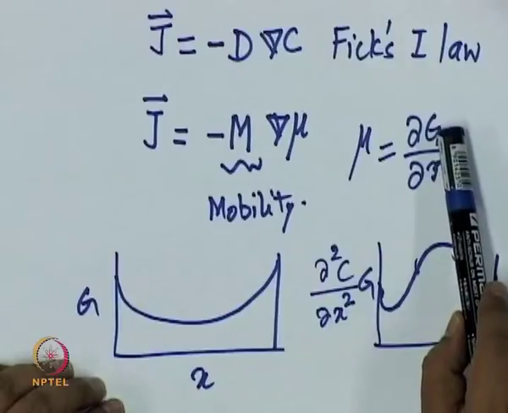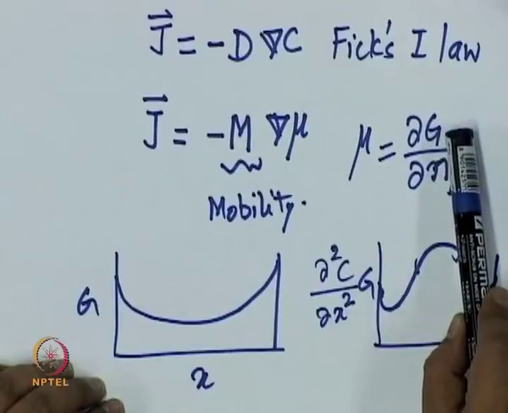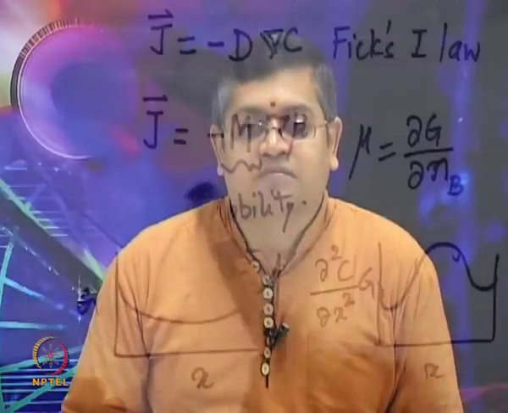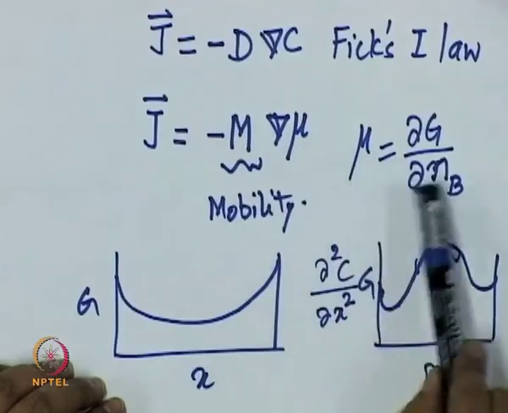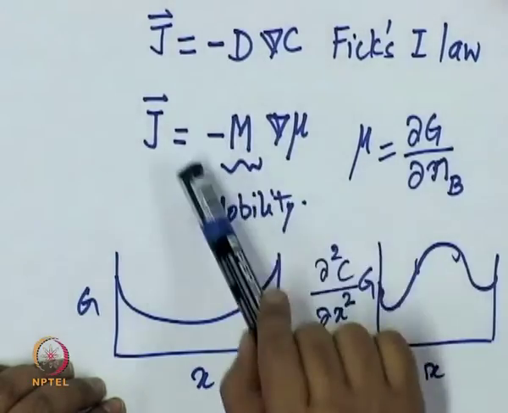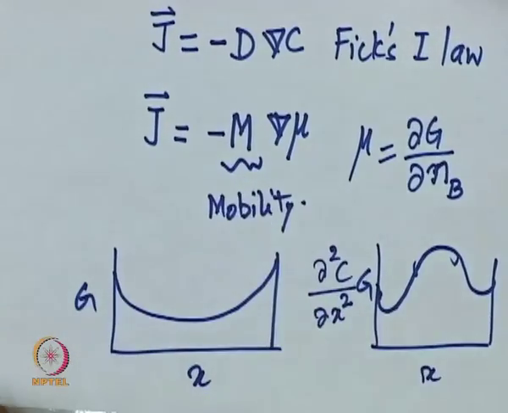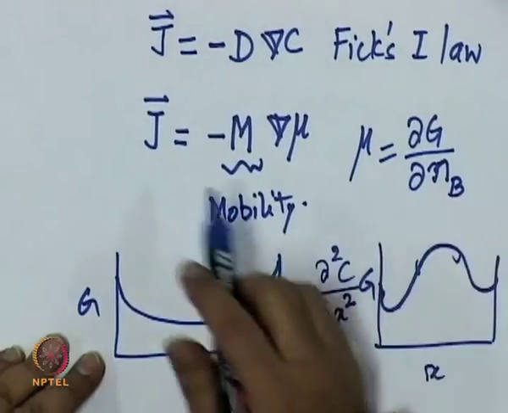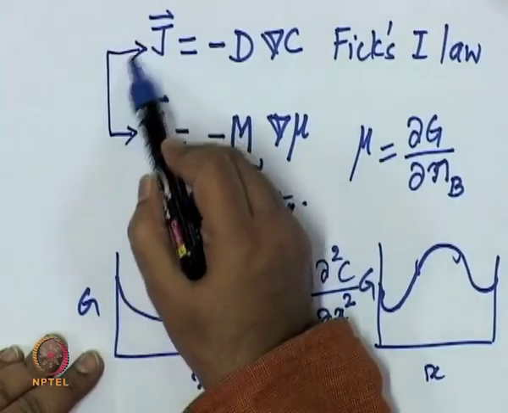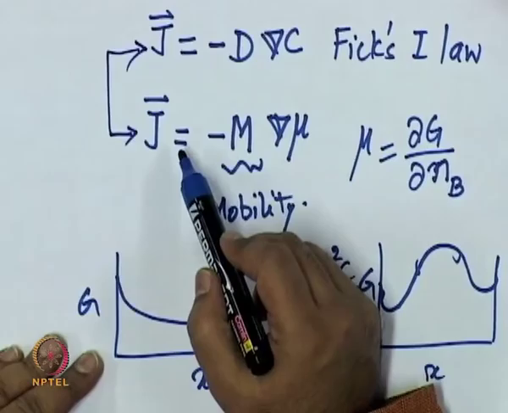Take a case when omega is greater than 0 and omega is the dominant term, and take a case when you have an ideal solution, and find out what happens to this term by taking this partial derivative, putting it here and then comparing these two terms. Okay. So, that will give us what is known as the thermodynamic factor, and the thermodynamic factor is how they are connected to each other.